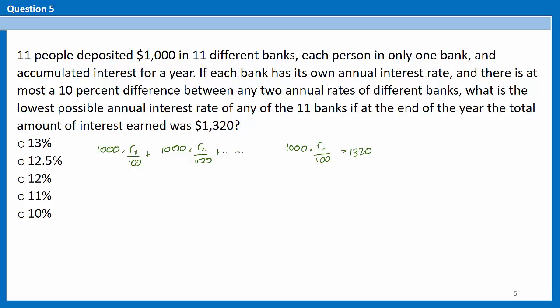Now you want to know the lowest possible annual interest of any of the 11 banks.